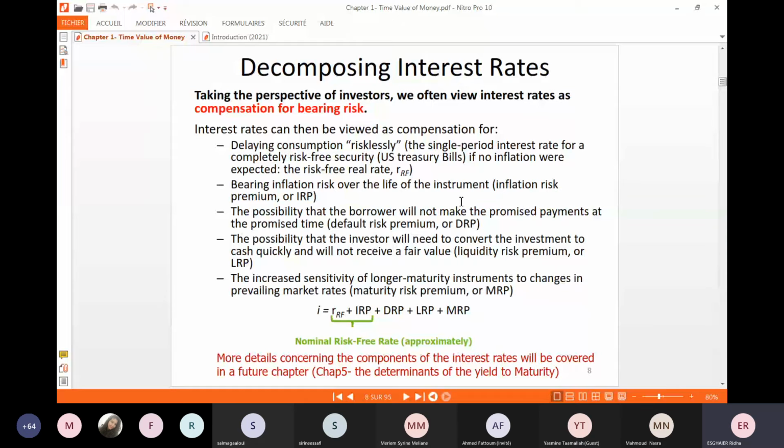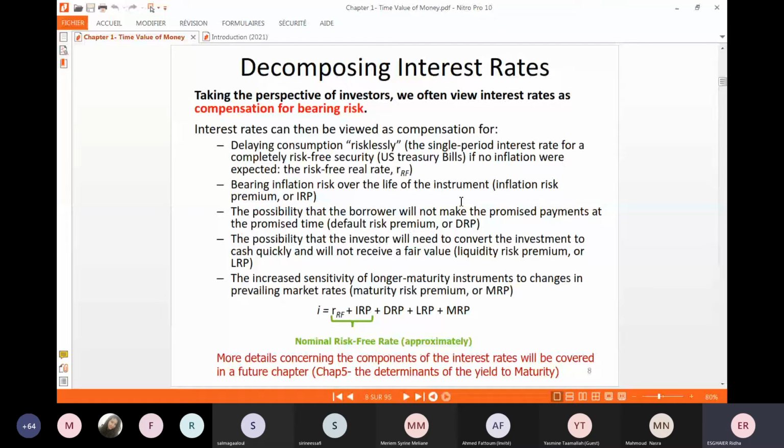The risk-free asset in finance is estimated by the US Treasury bills, we call them. We will come back to these techniques and these different categories of bills, bonds, etc. in chapter 5 to better understand this. Just here an introduction to explain to you the components of the interest rate.